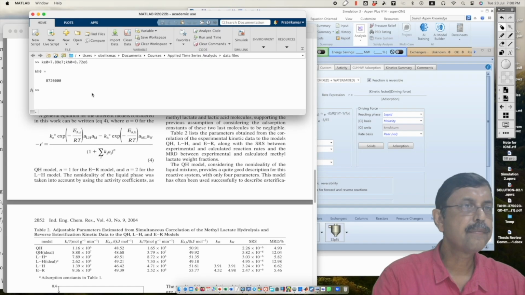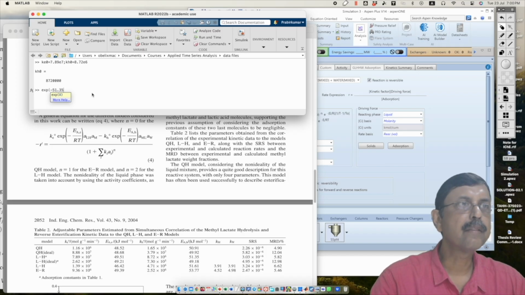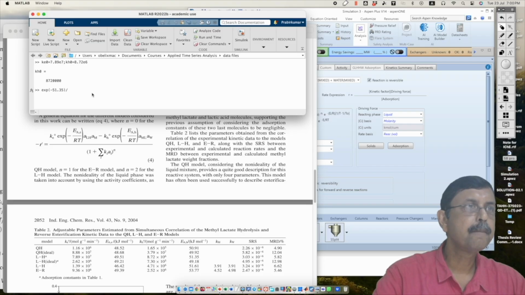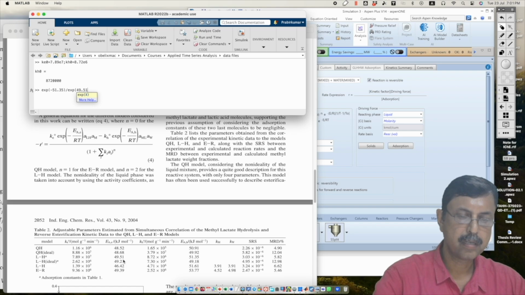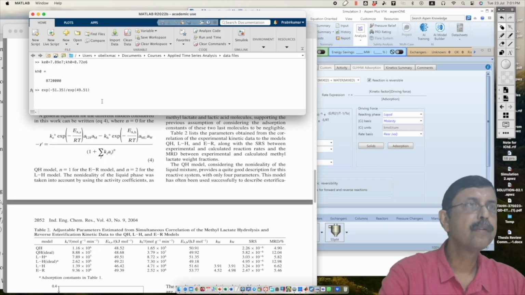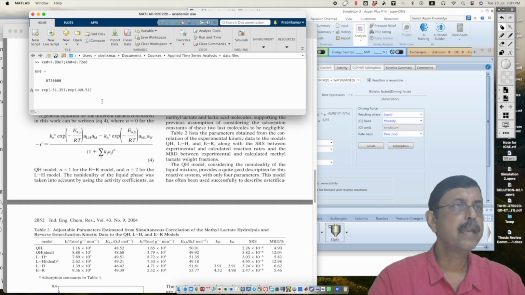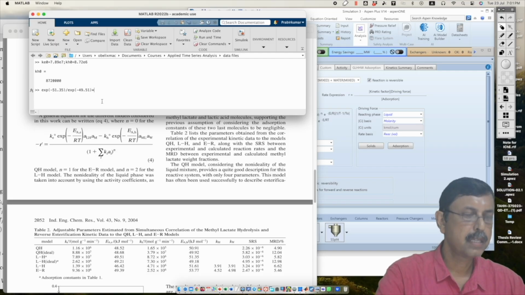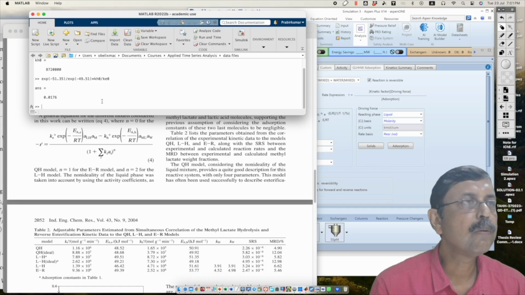For that, we will have exponential of 51.35 by exponential of 49.51, this is negative, because exponential of RT will get cancelled anyway, and then multiplied by K_H naught by K_E naught. So it is 0.0176.